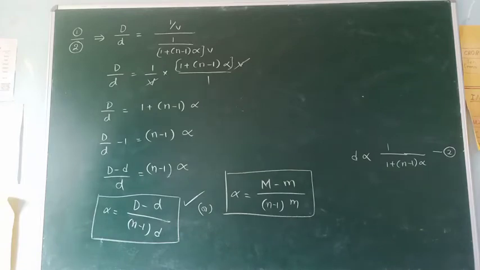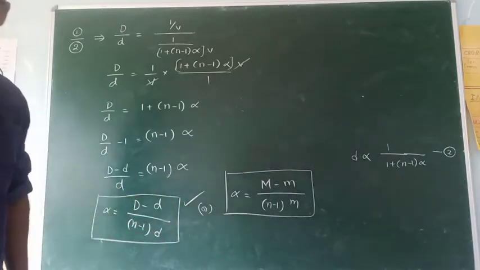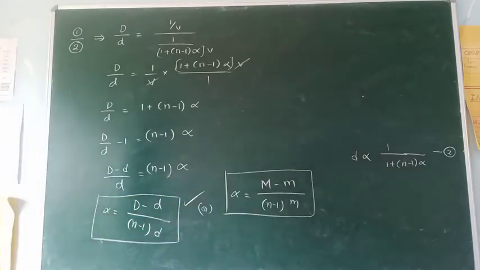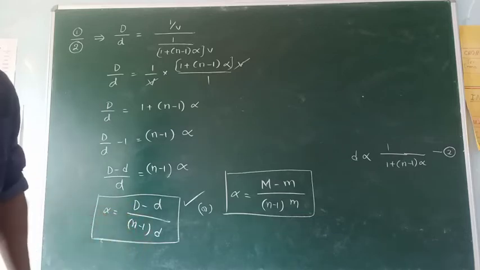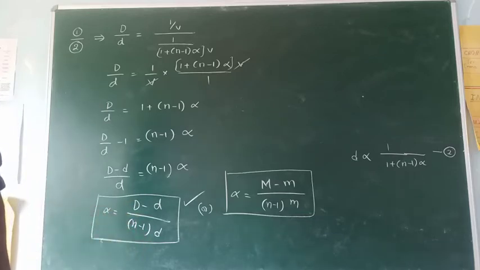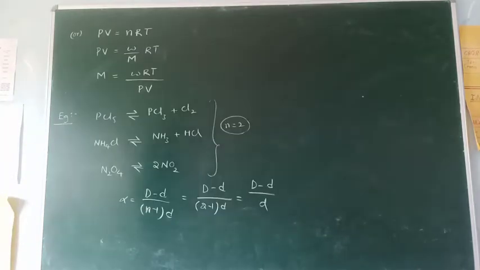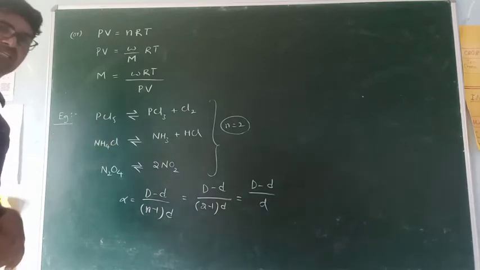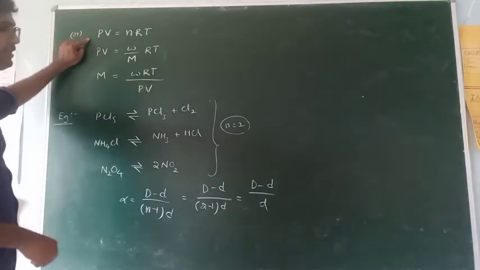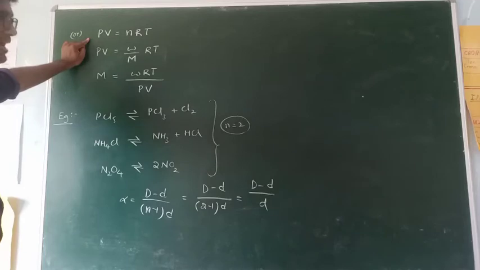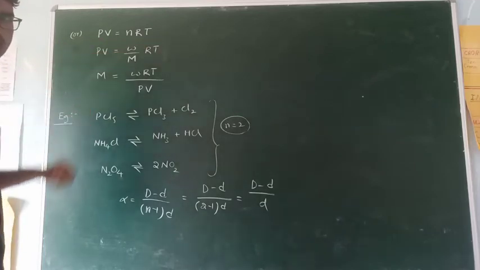Write down: capital M is the initial molecular mass, theoretical or calculated. Small m is the molecular mass at equilibrium, observed or experimental. For calculating molecular weight, capital M, another formula from the gaseous state of matter is the ideal gas equation, PV is equal to nRT.